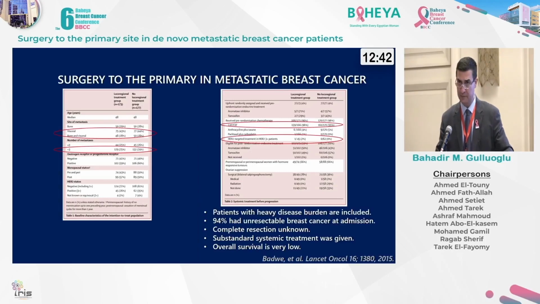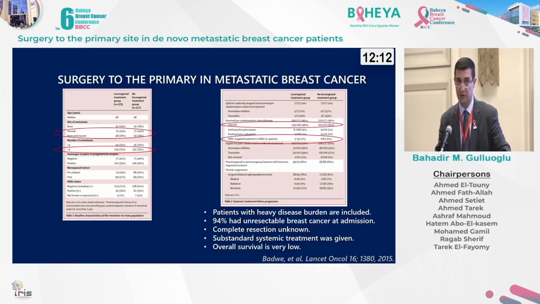But when you look in detail in this trial, you can see that the patients are really poor patients. I mean, they are advanced, and 94% had an unresectable disease, although they received a systemic treatment in the beginning. And we don't know the resection, I mean, whether it is complete or not. They didn't give any information about that.